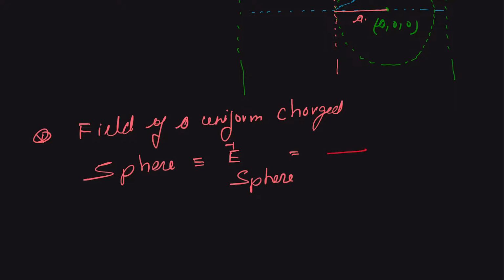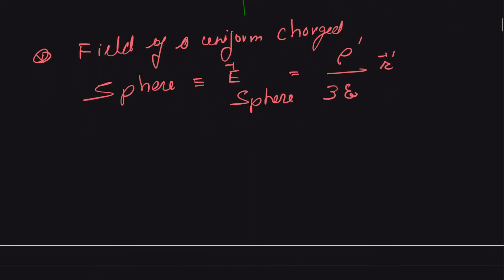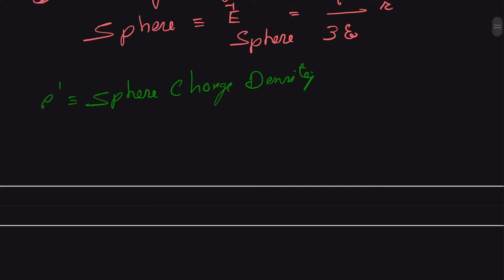Then this E sphere will be equal to charge density, let us suppose that is rho prime, by 3 epsilon naught, times r prime, and here this rho prime is the sphere charge density, and this r prime is the position measured from the center of the sphere.